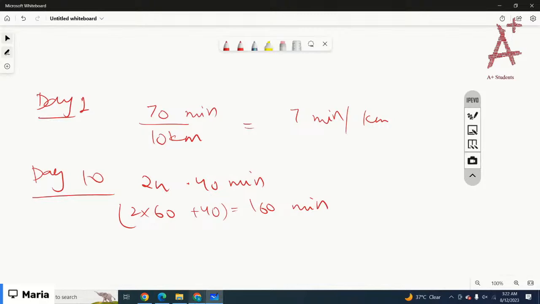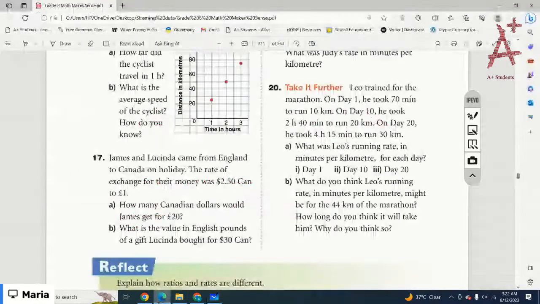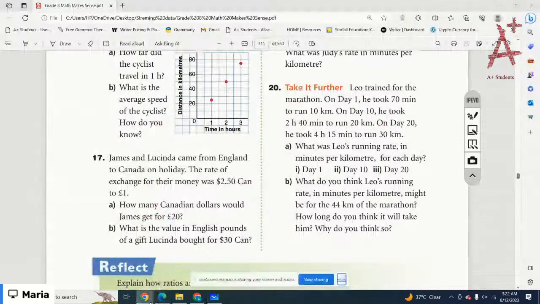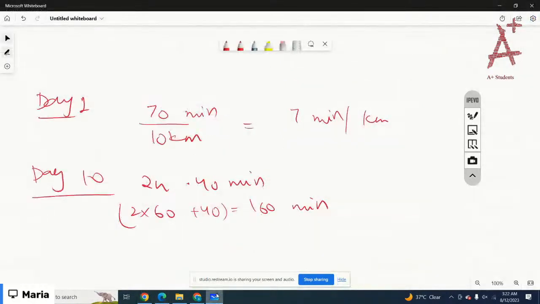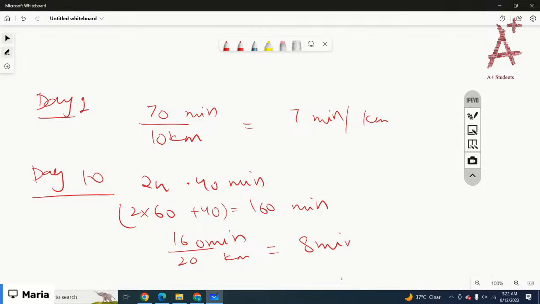And the distance covered is 20 kilometers, right? So it would be 160 minutes per 20 kilometers. 20 times 8 is 160. So it would be 8 minutes per kilometer.